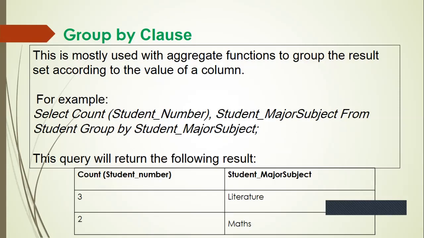Now whenever we do group by, group by is basically done on the columns. Okay, so whenever you use columns, basically it is used to apply the condition on the columns.